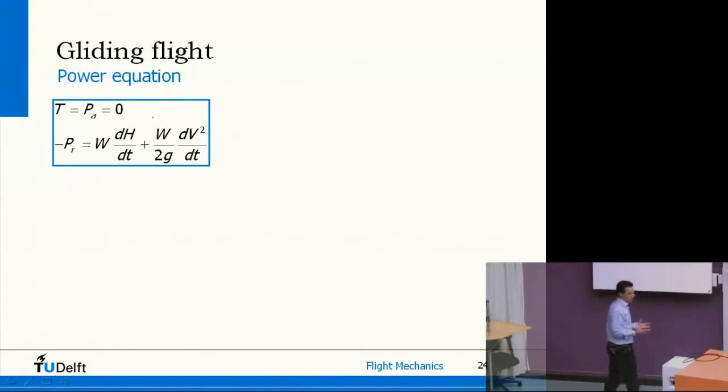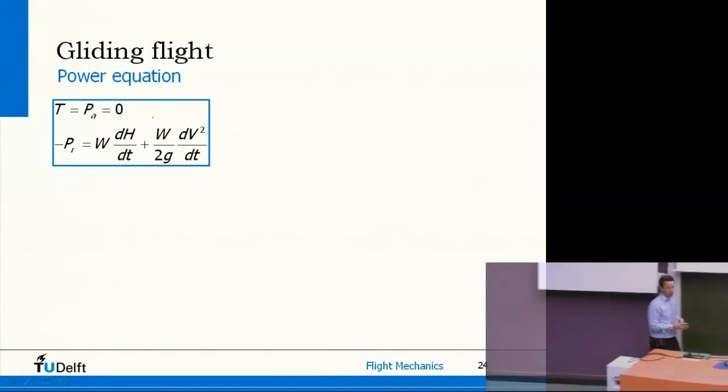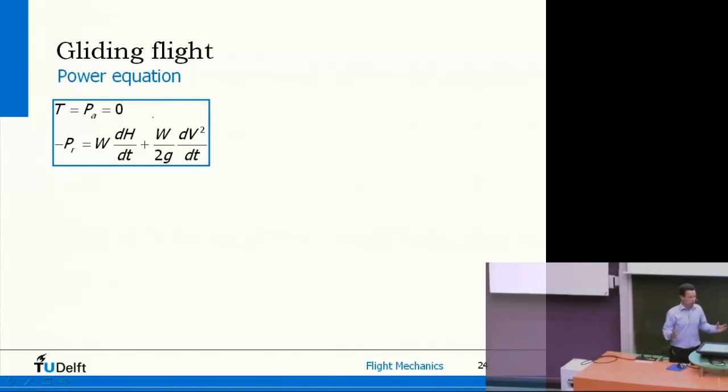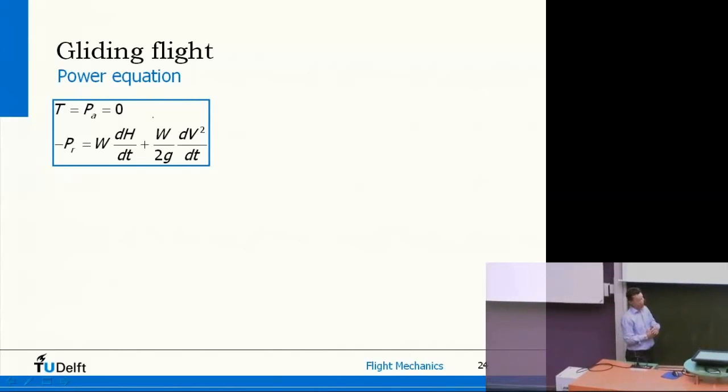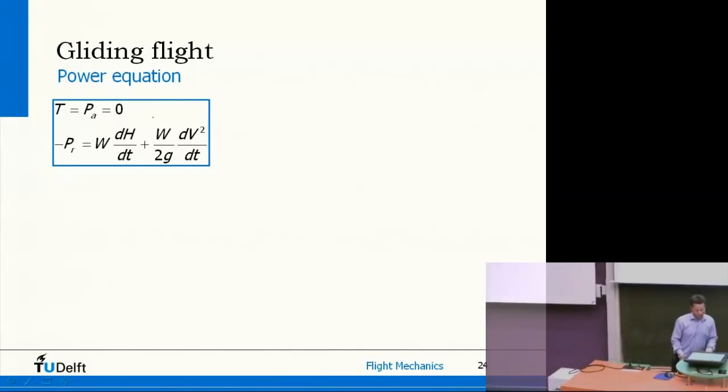Now the question is then, what can you do in case the engines have failed? Now, what would happen if the pilot simply keeps on pulling the stick back in order to stay at the same flight level? If you do that, then altitude remains constant, simply because the pilot is pulling back the stick.